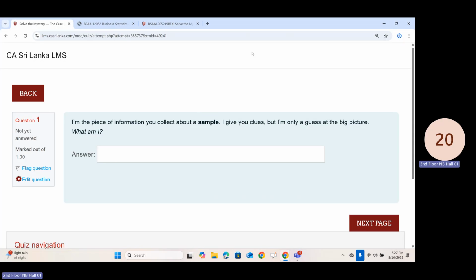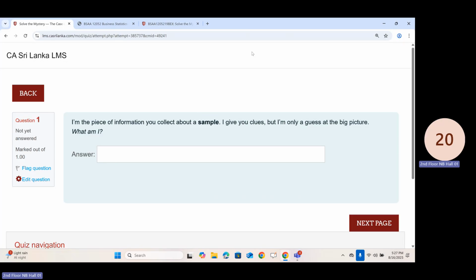How do we collect the population from the sample? This word starts with S. It is statistic.